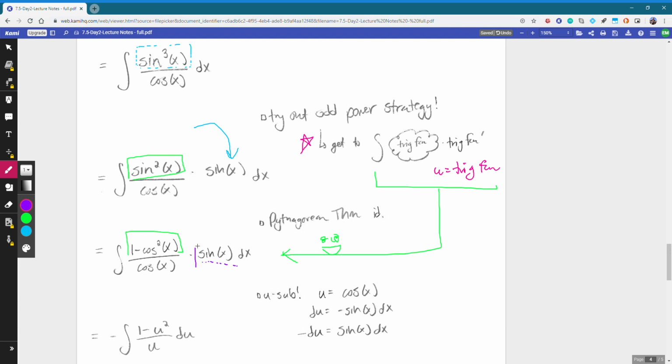And then so here we go in our substitution, the sine of x dx becomes the negative du. And I'll just take that negative and slide it all the way out front. And wherever we see a cosine, it gets replaced with u. So 1 minus cosine squared becomes 1 minus u squared, and u in the denominator.